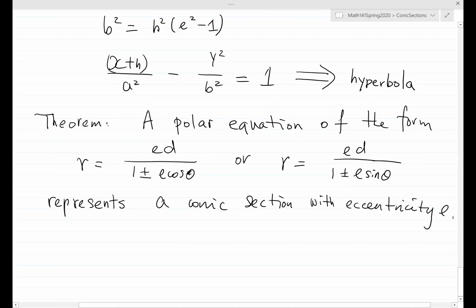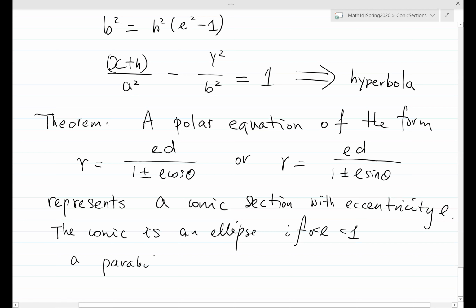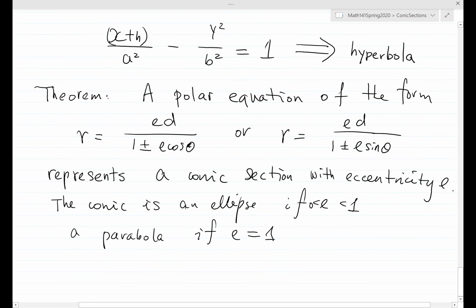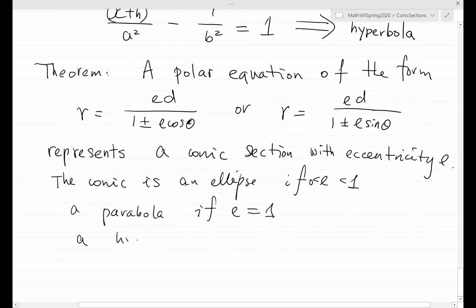The conic section is an ellipse if e is less than 1. Now e is positive. A parabola if e equals 1, and a hyperbola if e is greater than 1.